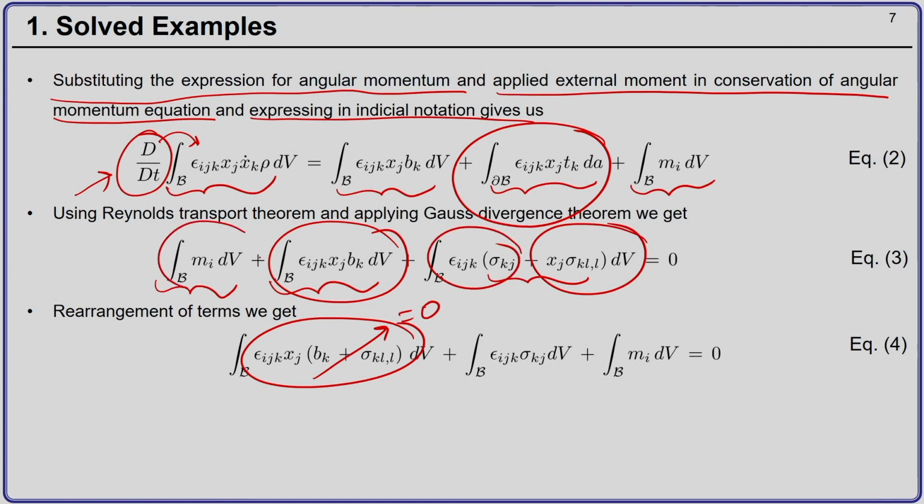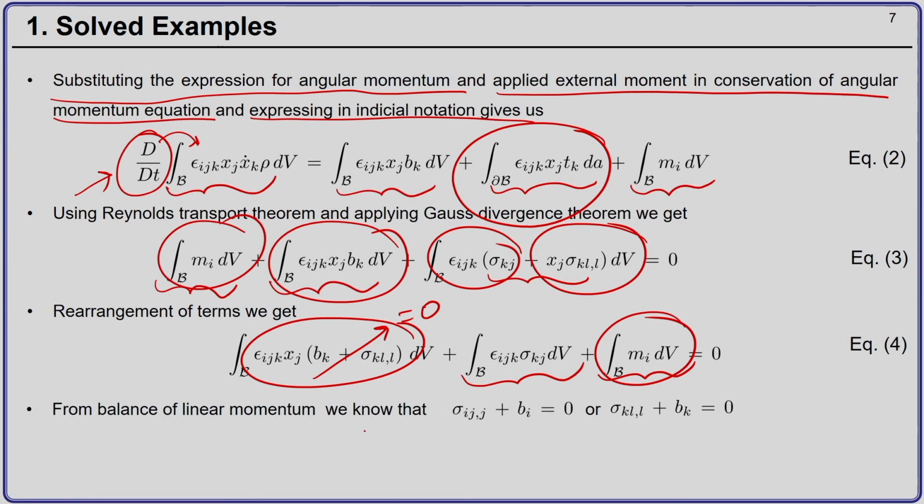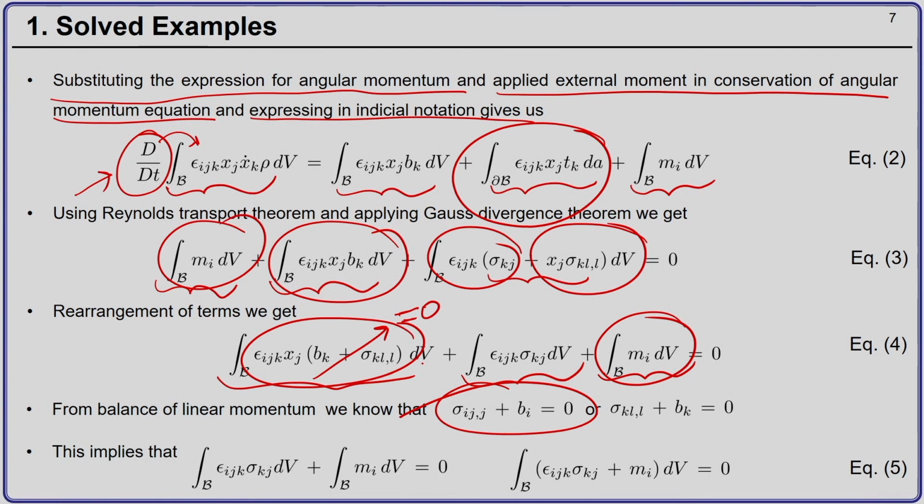This is the one term which is remaining, and this is the moment because of the external distributed moment acting over the body. Now, the balance of linear momentum says this is equal to 0. So, I have already said the first term in the integral goes to 0 and we are left with the following expression.